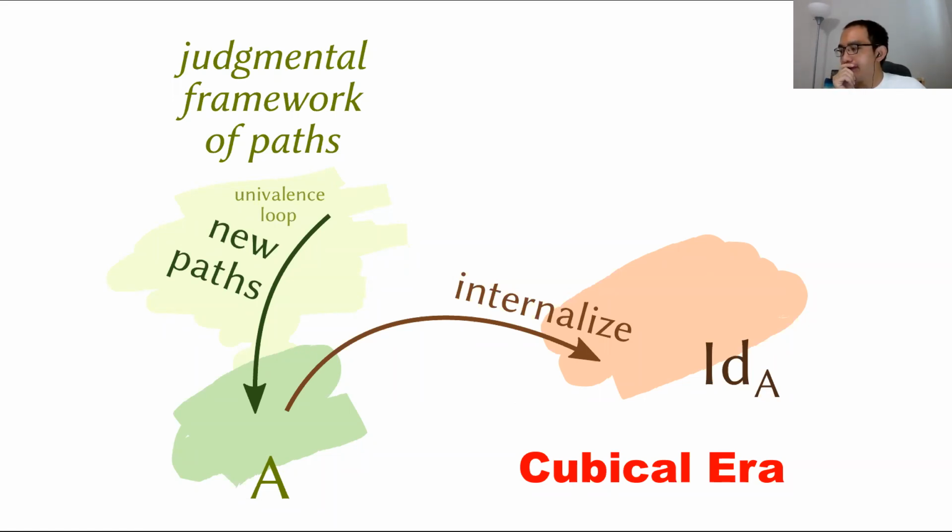Let me see how to say it. So right now I'm talking about this construction as a step-by-step process. But as I said, every step is not just changing something locally, it's changing everything globally.